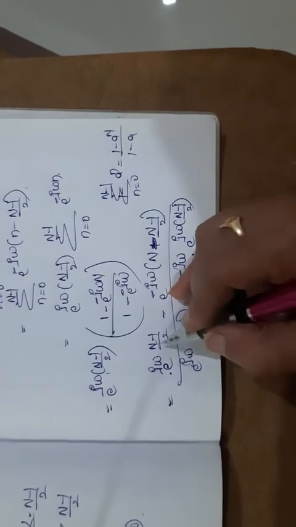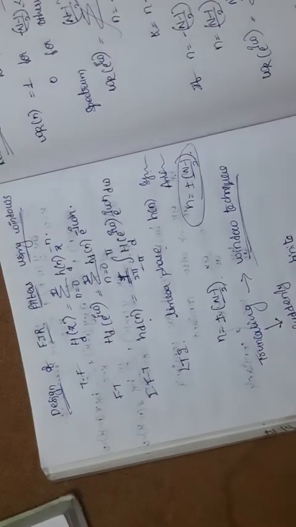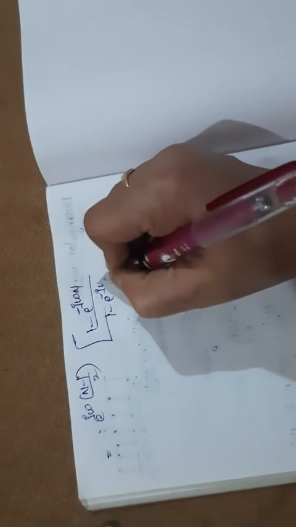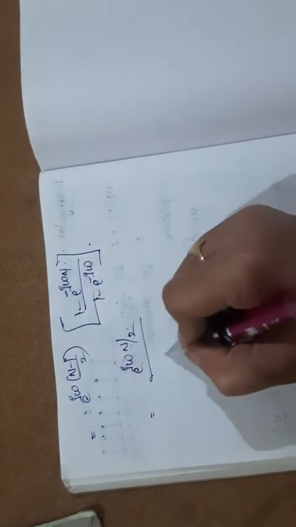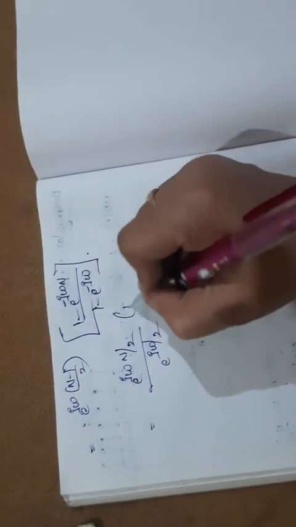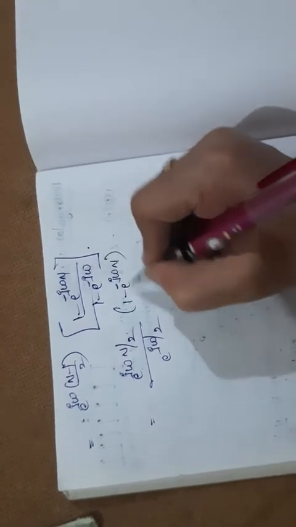So e^{jω(N-1)/2} is here, multiplied by (1 - e^{-jωN})/(1 - e^{-jω}). This can be written as e^{jωN/2} over e^{jω/2}, times (1 - e^{-jωN}) divided by (1 - e^{-jω}).